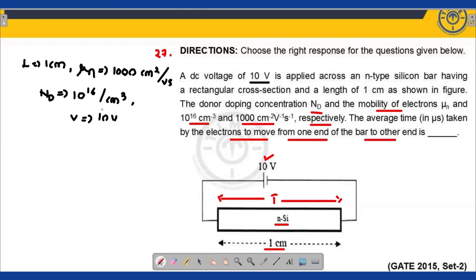Now, first of all, before finding out the time here, it's an N type of semiconductor. Let the velocity of electrons travelling here. First of all, let me find out the very important parameter, the E value, the electric field here.